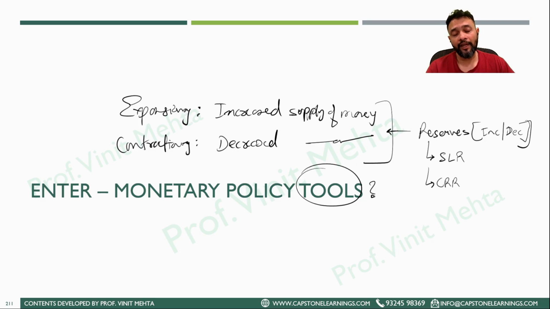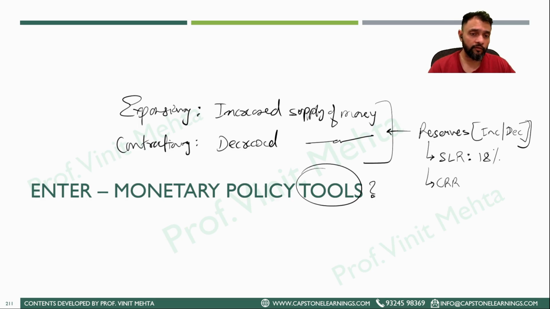SLR full form is statutory liquidity ratio. Currently, it is close to 18 percent in India. 18 percent of what? 18 percent of all the current account, savings account, fixed deposits the bank has. Because remember, the withdrawal requirement has to be maintained, right?